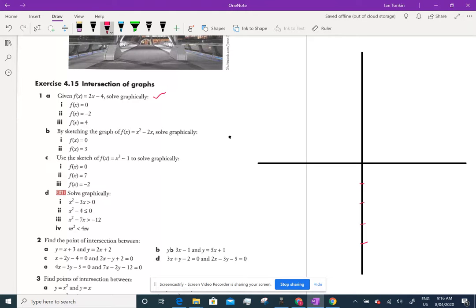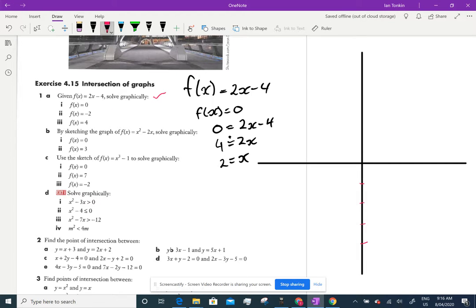And when x equals 0, let's find that. So f of x equals 2x minus 4. When f of x equals 0, we get 0 equals 2x minus 4, and I take 4 over, equals 2x, and I get 2 equals x.